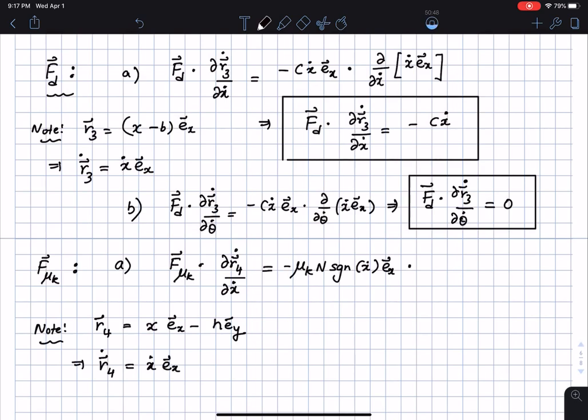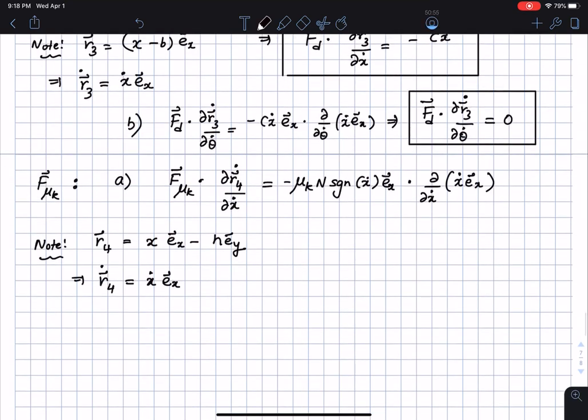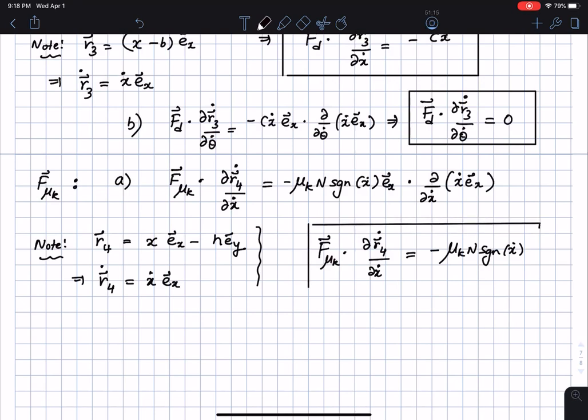So this is dotted with d by dx dot of x dot ex, and as expected, F mu k dotted with dr4 dot by dx dot is going to give me minus mu k times n times sign of x dot. Okay, so this once again comes out to be a force acting on the cart, because the cart is in pure translation, so we are seeing only the forces that are affecting it.